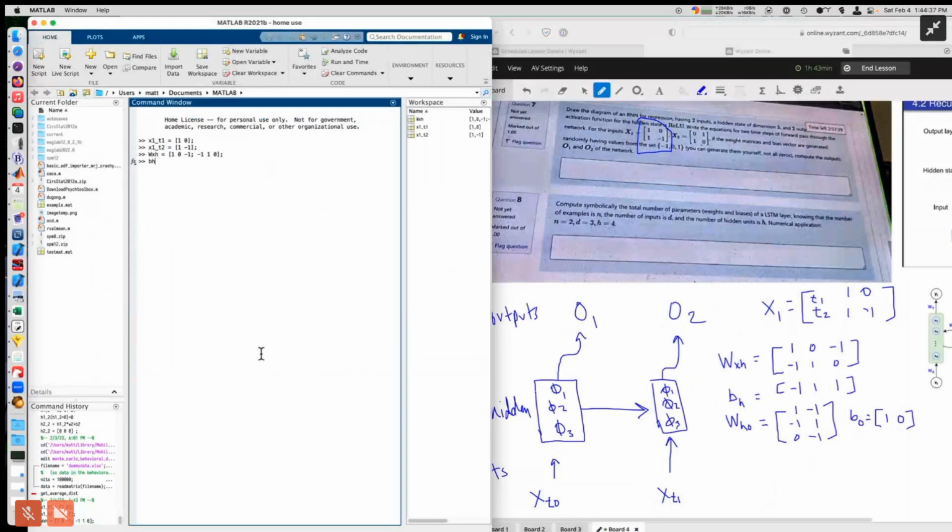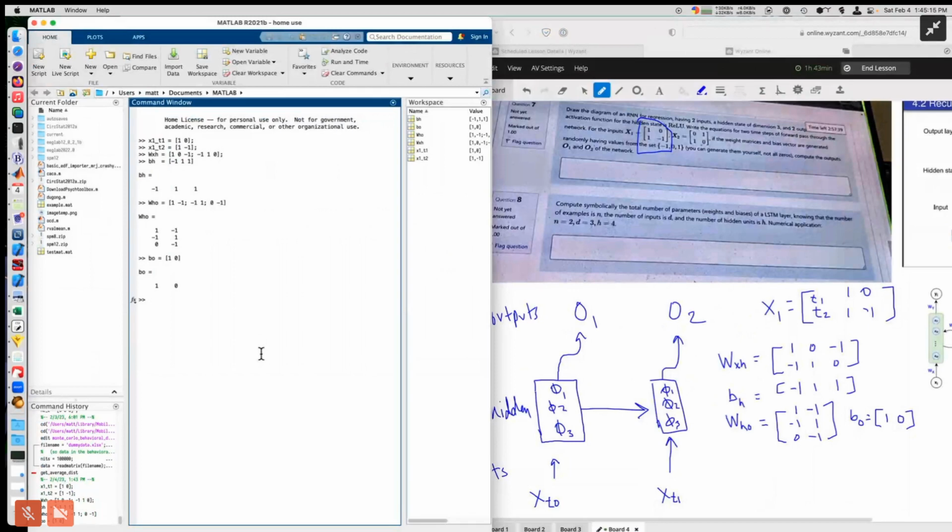The biases at that step could be -1, 1, 1. And the weights from hidden to output could be 1, -1, -1, 1, 0, -1. And the biases for the output could be 1 and 0. I think that's all we would need.